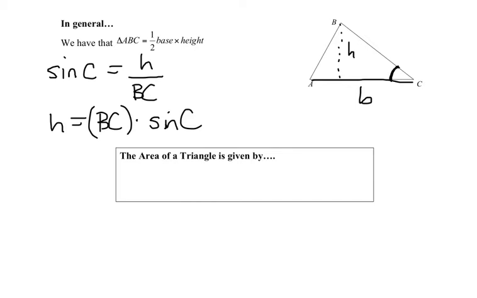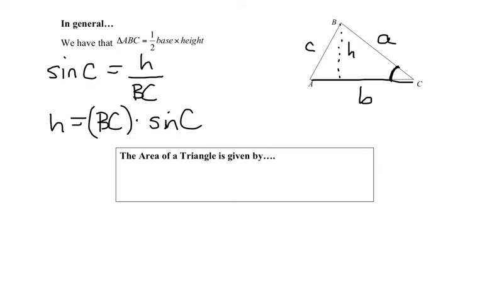Well, what we do in triangles and in trigonometry is that we always label our sides by using a lowercase letter of the angle. So if I look across from my angle B, conveniently, it's a lowercase b, which I can also use for base. So across from angle A is side a, and across from angle C is side c.